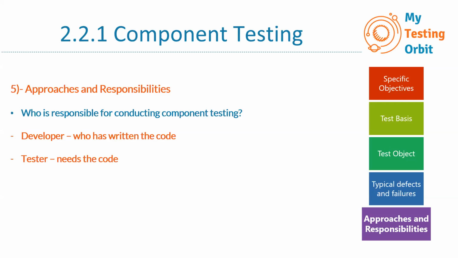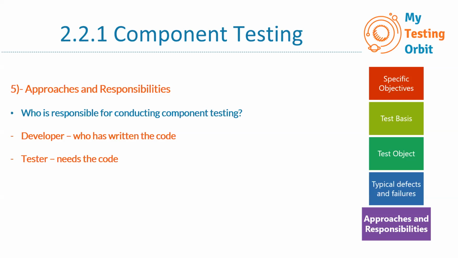If a tester wants to do the component testing, then that tester needs the code to be provided by the developer, because if a developer is testing their own code, they already have the code, but a tester has not developed that code. So a developer needs to provide the code to the tester so that they can test it.